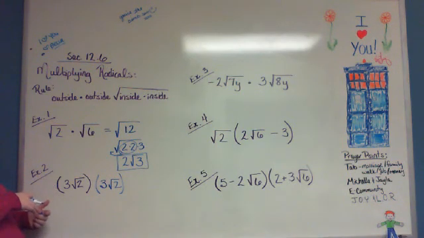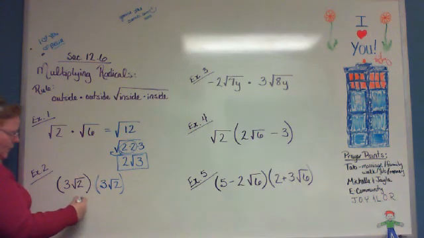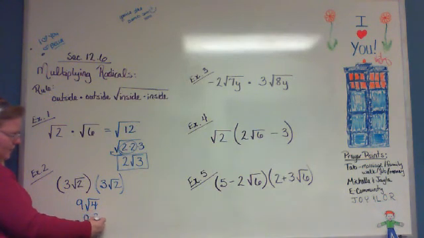Once again, it's outside times outside and inside times inside. So 3 times 3 is 9, and that number goes on the outside. And then 2 times 2 is 4, and that number goes on the inside. But you can simplify that number. So the square root of 4 is really 2, so that's 9 times 2, which is 18.